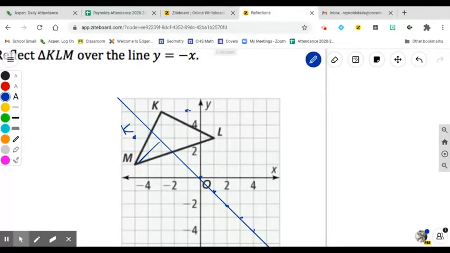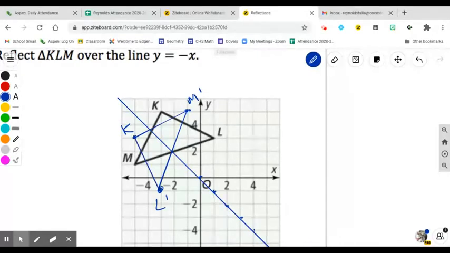So here would be M prime. L is 1, 2 that way, so L prime 1, 2 this way. So here's L prime. Just going to erase some of these lines so it's not so messy. Okay, then you would connect. Sometimes they really overlap each other like this one, and that's okay.